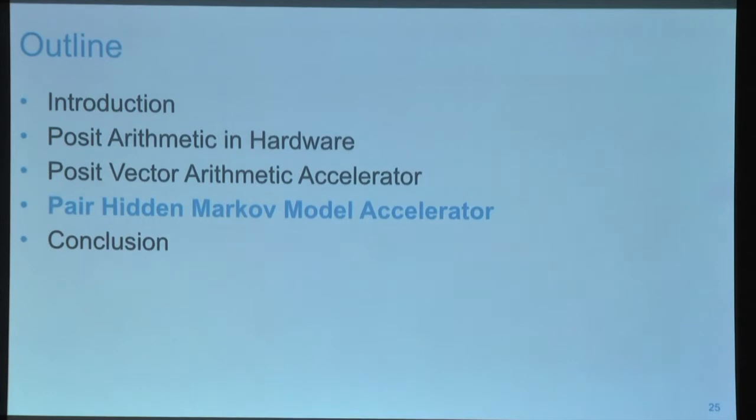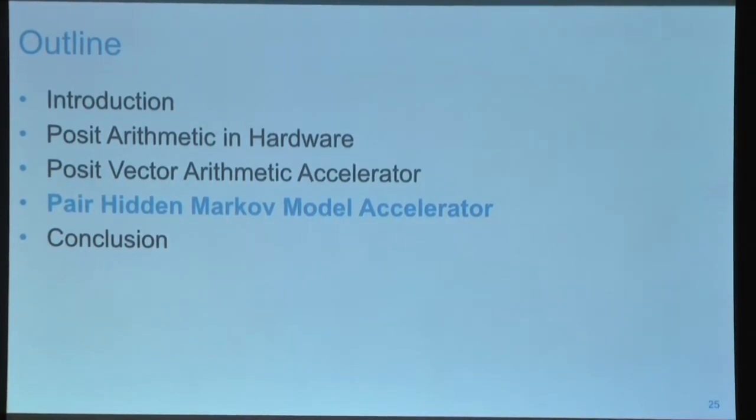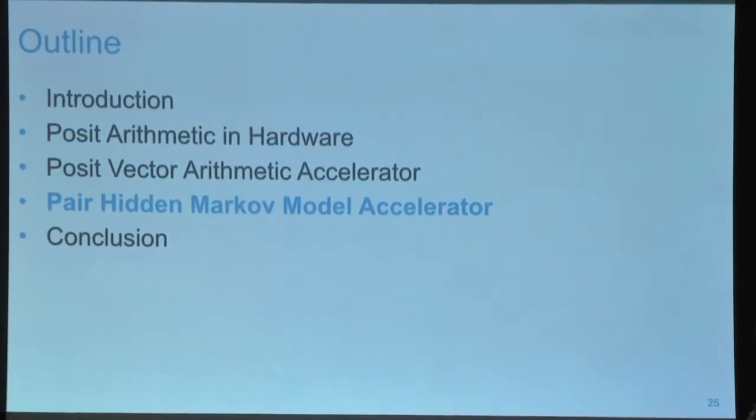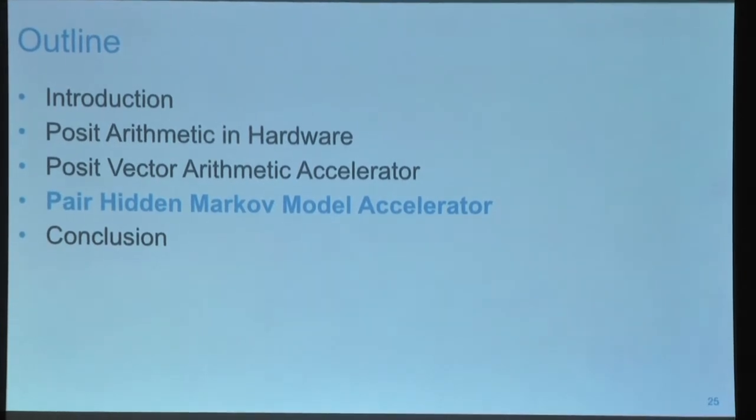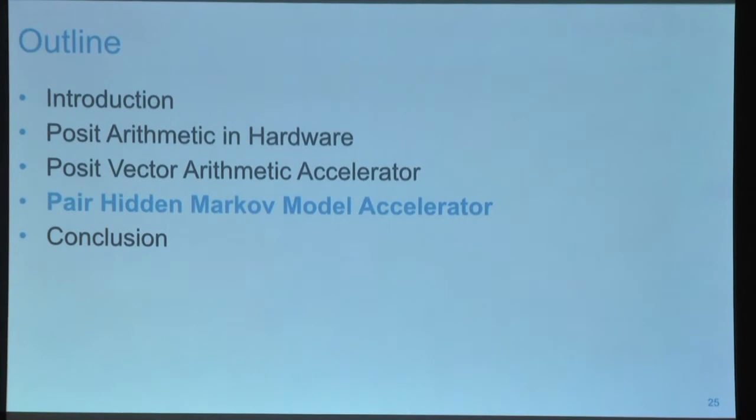This accelerator is used in genomics, so in bioinformatics. The pair-HMM model is used in pairwise sequence alignment. First, there are millions of tiny reads that are taken by a big machine from a sample of DNA, and these are compared to a reference genome.